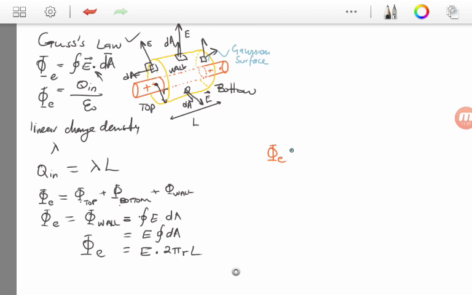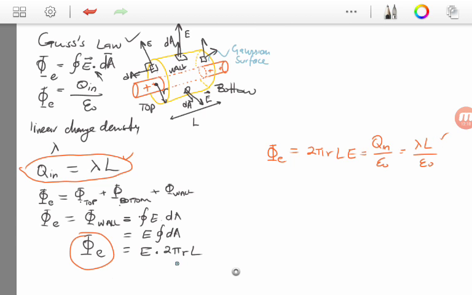The net electric flux is equal to 2πrLE, but this is equal to Q_in over ε₀, and this can further be simplified as λL divided by ε₀. We found that Q_in is λ, the linear charge density, times the length.